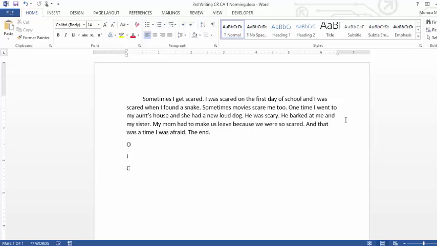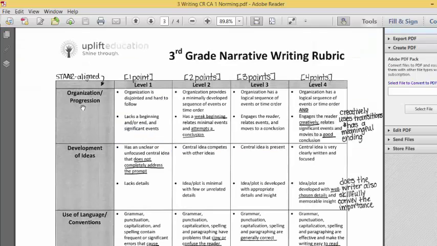So when I read over this, I'm going to go back to our rubric. I think it is organized in a way that's not hard to follow, but if you see right here, it is definitely minimally developing the sequence of events.